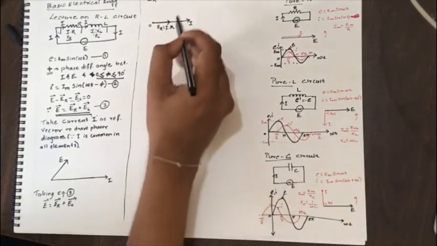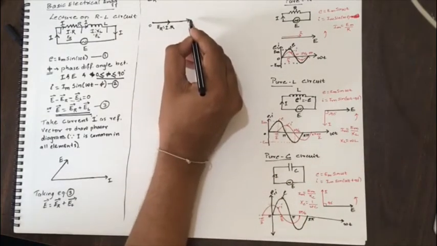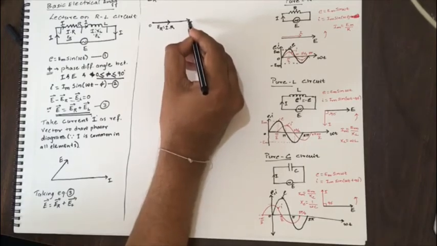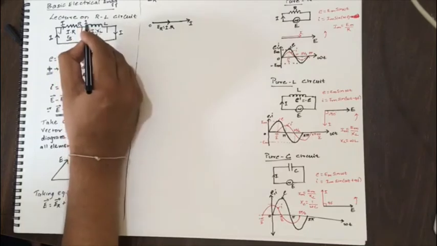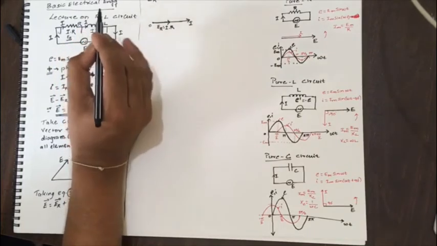But here already I have considered the position of current vector I to be on reference. I have to now place the vector of EL. Now this EL will be leading the current I by an angle 90 degrees.